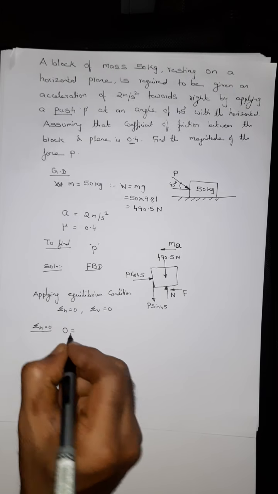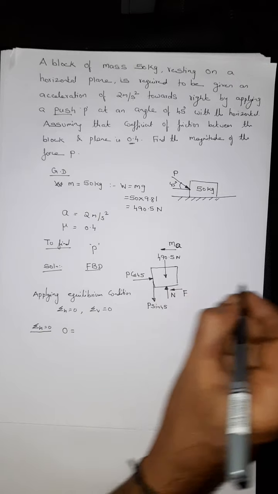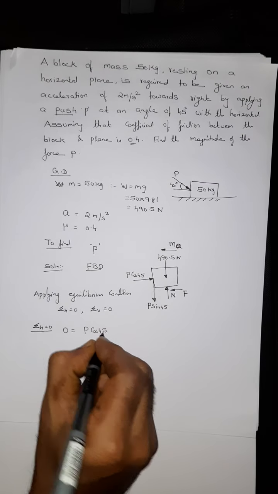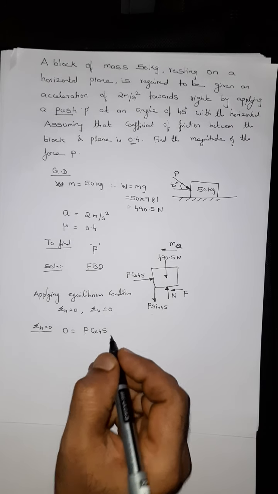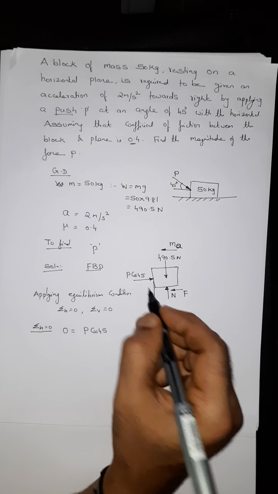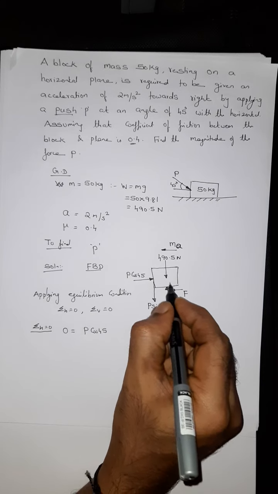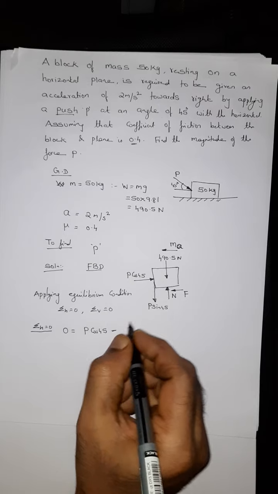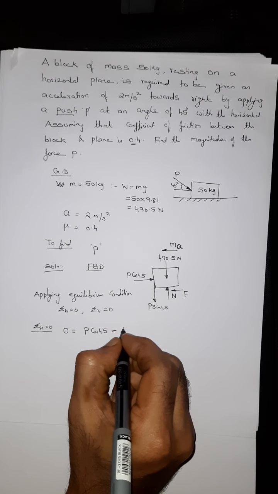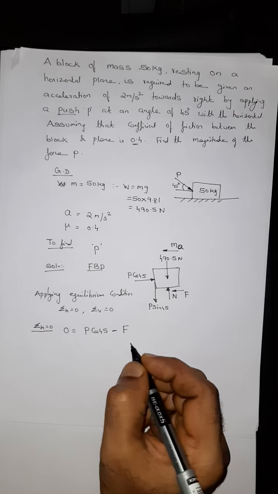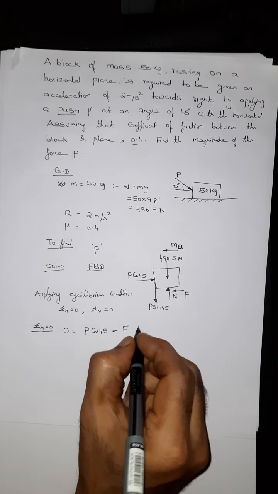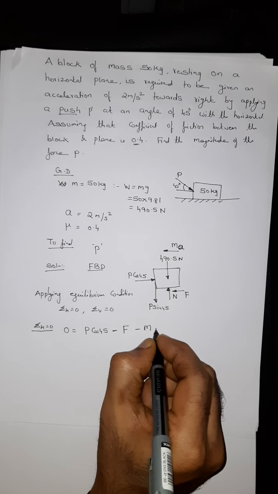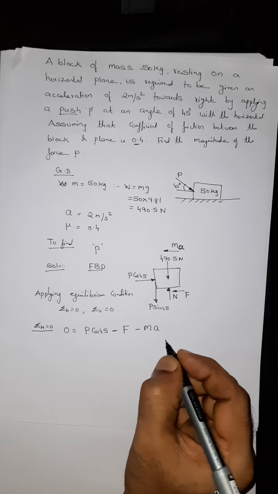So 0 equal to P cos 45, which acts positive x direction, so which carries the positive sign, P cos 45, right? And the F, which is acting in the negative direction, so which can be mentioned as minus, and the ma is also in the negative direction, so M into A.